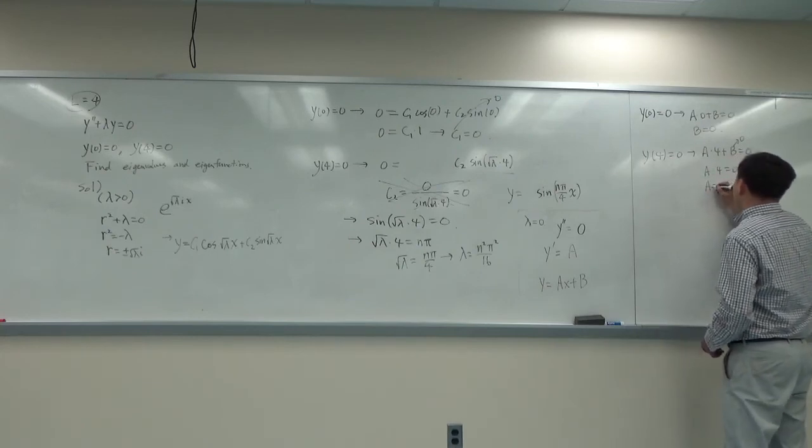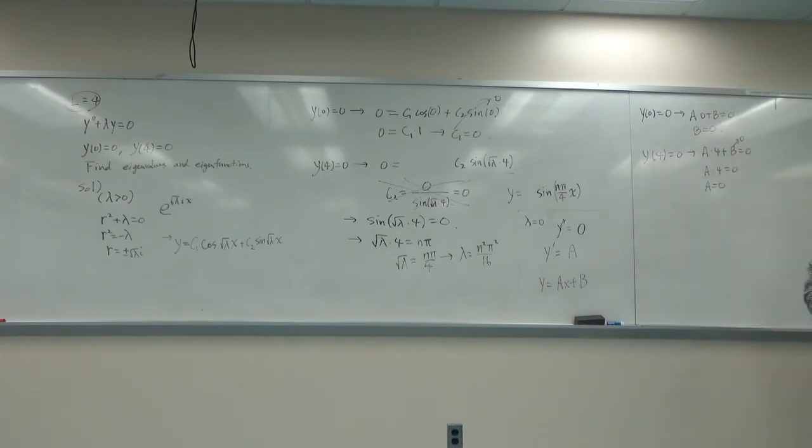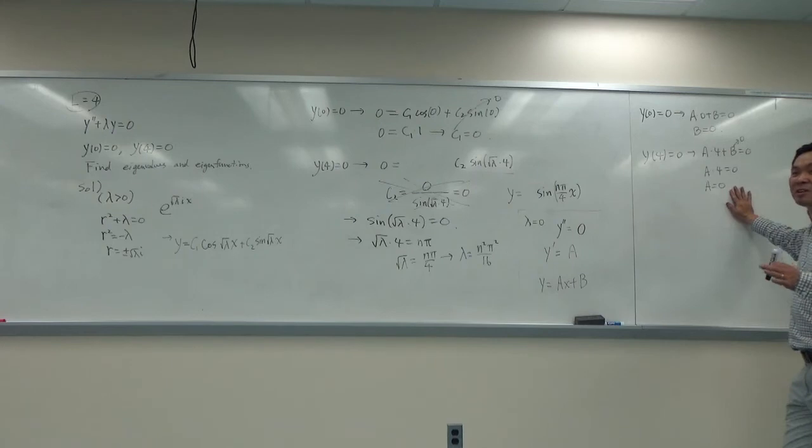That gives you a equals 0. So what's our conclusion? Was there any way out of getting a non-trivial solution? There was no way out. Trivial solution was the only thing we could get.